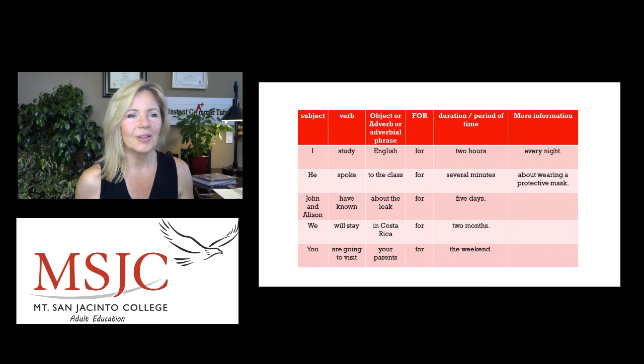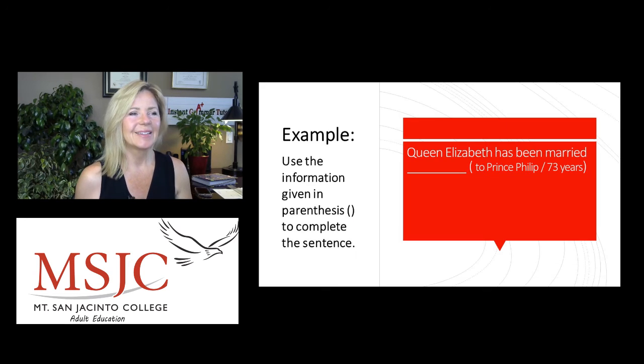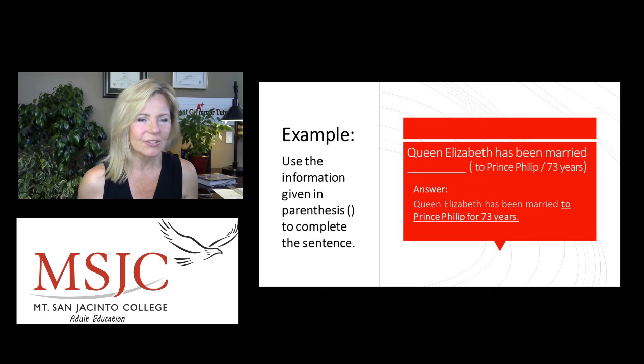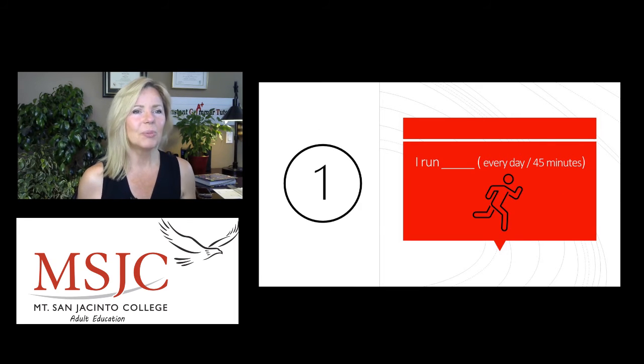So let's try some more practice. Here is an example. Use the information in parentheses to complete the sentence. Queen Elizabeth has been married. The answer, Queen Elizabeth has been married to Prince Philip for 73 years. That's a long time. Number 1, I run.